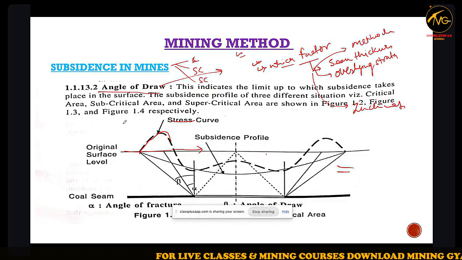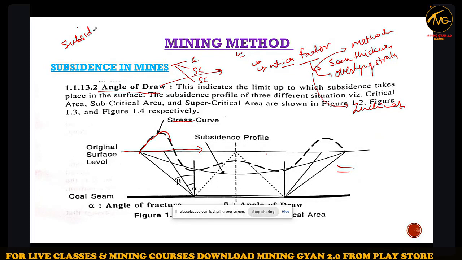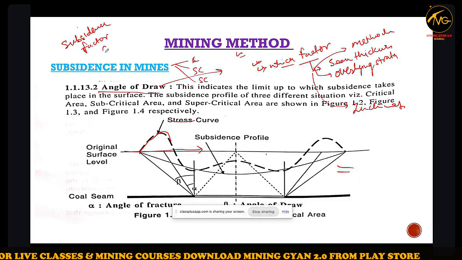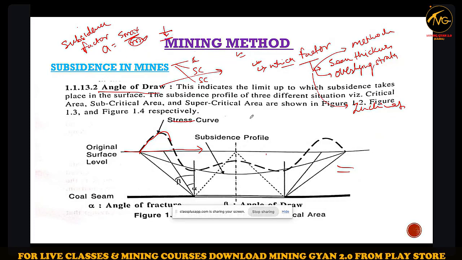Then the subsidence factor, which is also not mentioned in your A. K. Gorai. Subsidence factor a equals S max, the maximum subsidence, divided by M, where M is the working thickness.